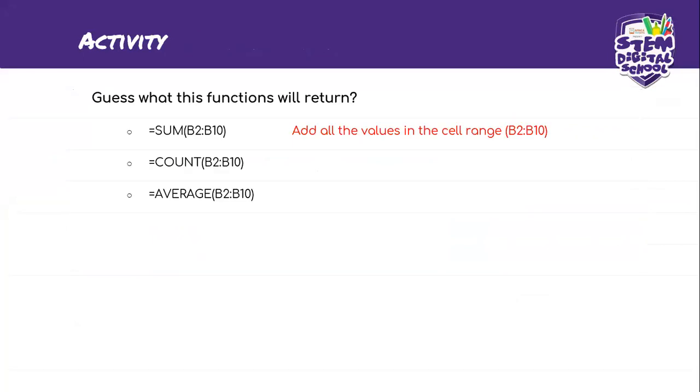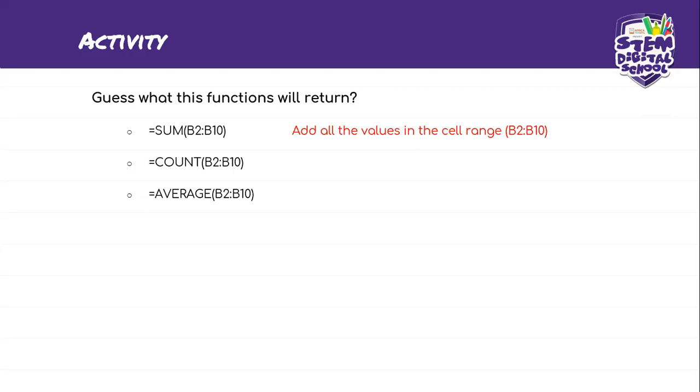Now, I want you to look at these functions, Ntombi, and tell me what you can see. Right, so here on this function, it seems like we have lost Ntombi, right? So on this activity, I want you to guess what these functions will return.